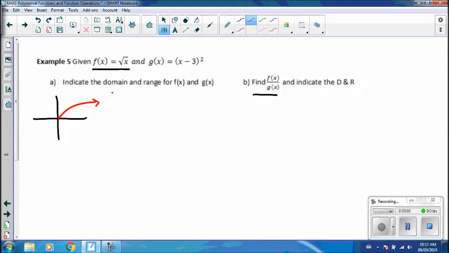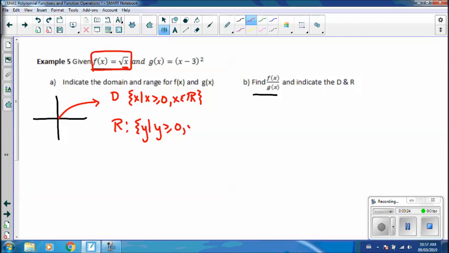And so I know that the domain for f of x is x must be greater than or equal to 0. And that makes sense. I can't put a negative value in here. The smallest I can put in is 0. The range that I see from my graph is that y is also greater than or equal to 0.